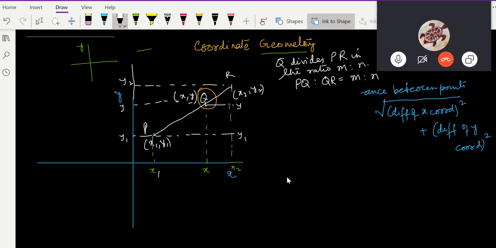No, see, here what are we trying to calculate? We are trying to calculate a ratio, not a distance, right? So when we are trying to calculate a ratio, what is the way to do it?